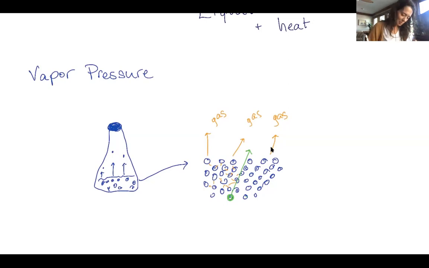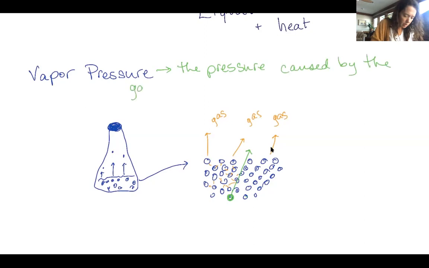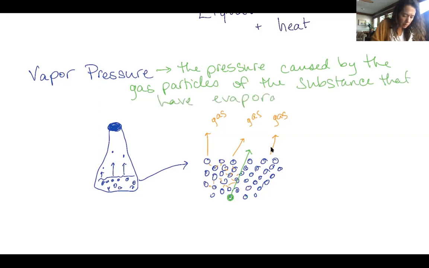Anywho, vapor pressure is the pressure caused by the gas particles of the substance that have evaporated, right? We're not really talking about boiling, we're talking about evaporated.